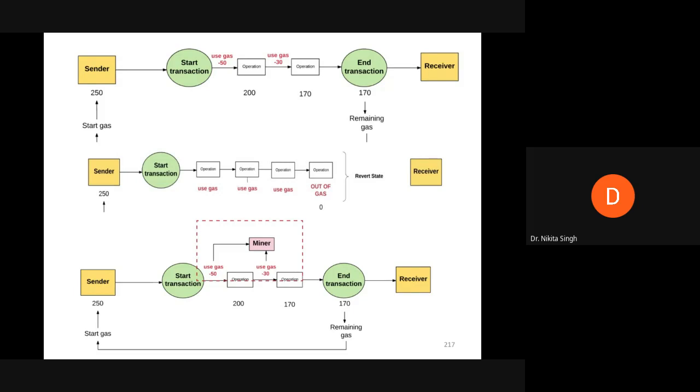Proof of work has the problem of mining centralization. You have mining pools. What the mining pools do is they advertise on their website that if you pay this minimum amount of gas, we will execute your transaction. So this is a drawback associated with all the blockchain networks that work on the proof of work model.